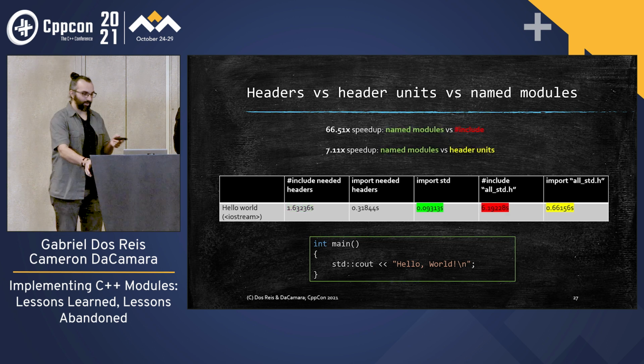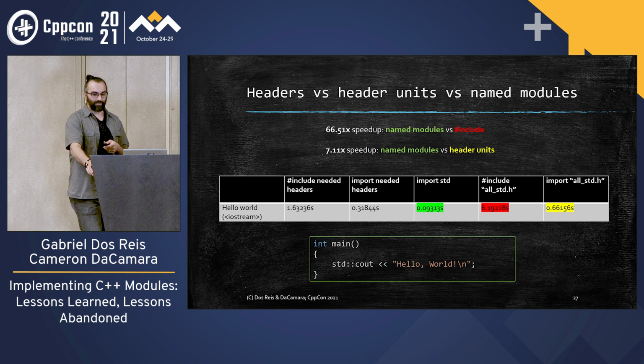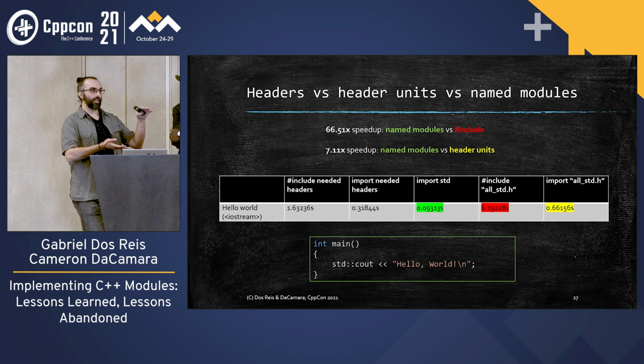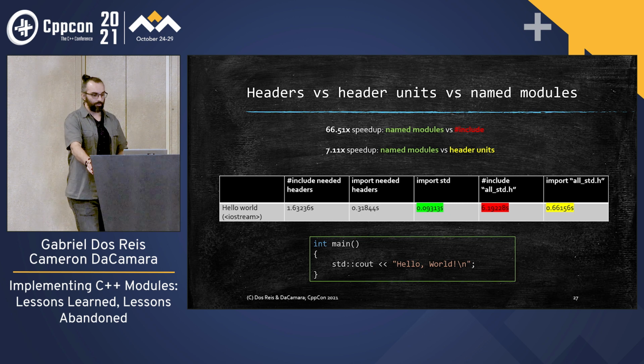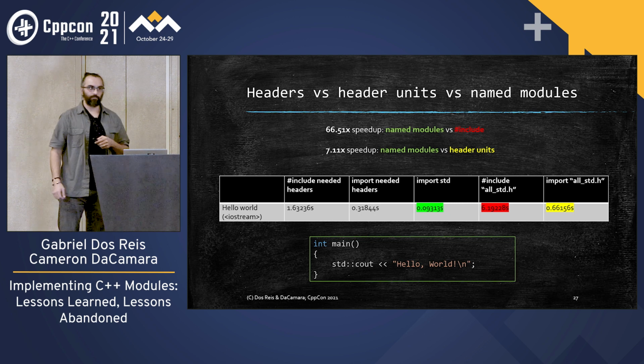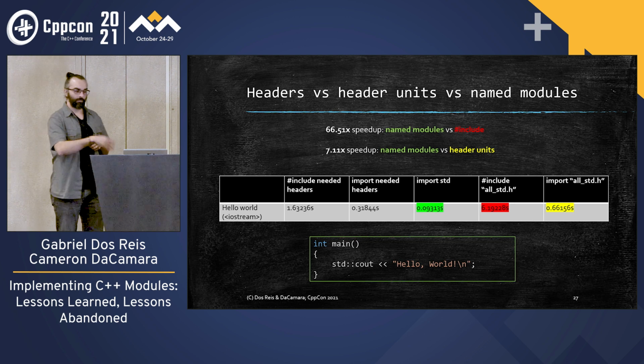In particular, we have to do some comparisons, and honestly, the numbers here speak for themselves. If we hash include all of std, which is hash include of every single standard library header, which would mimic the contents of import std, you get a 66.51x speedup. So forget about hash include. Like that's just totally gone.